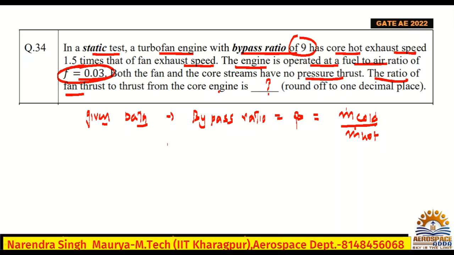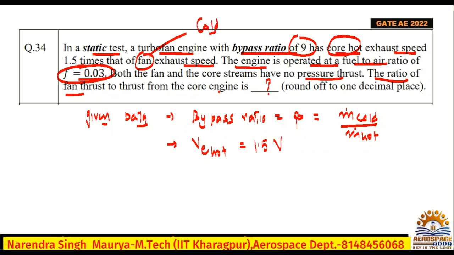Second, they have given the core hot exhaust speed. So we can say exhaust speed is VE, and it is core hot. We'll write the hot exhaust speed is 1.5 times that of the fan exhaust speed. Remember, fan is cold air. So basically, it is VE for the cold air exhaust speed. For the fan, it is given by VE cold. This is the second data.